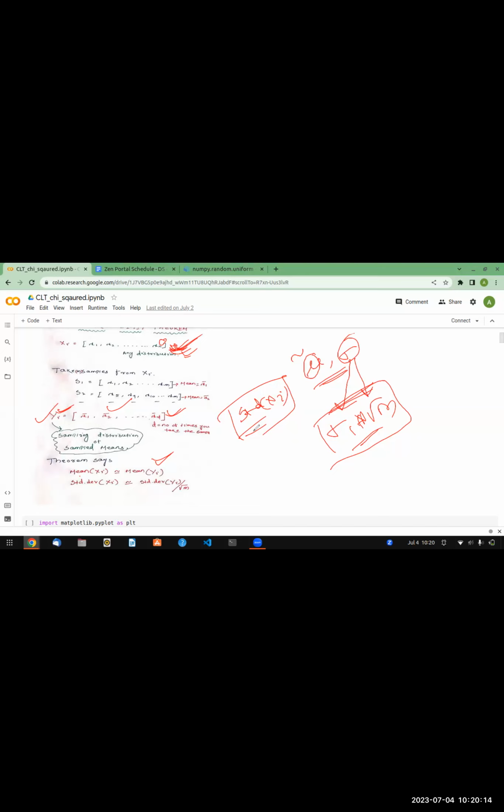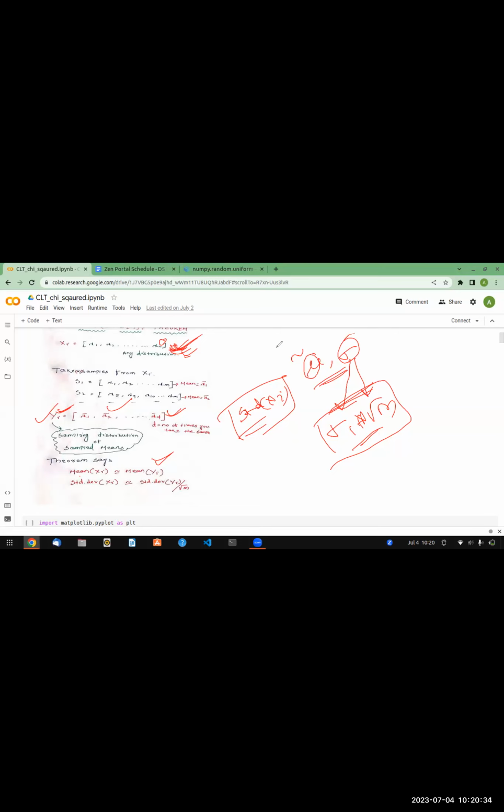Suppose 10K data or 10 million data. If we try to compute the mean, it will take some time. So instead of that, we take samples and prove that it is equal to that large data.